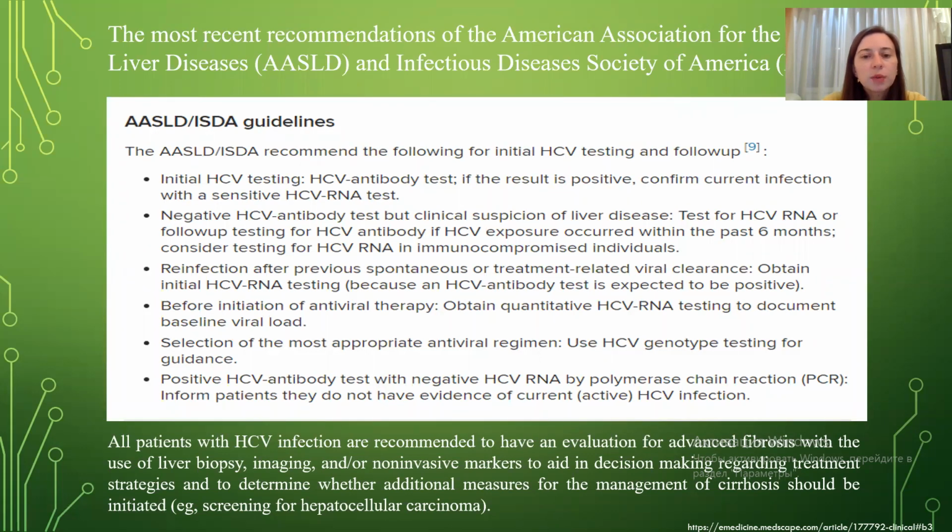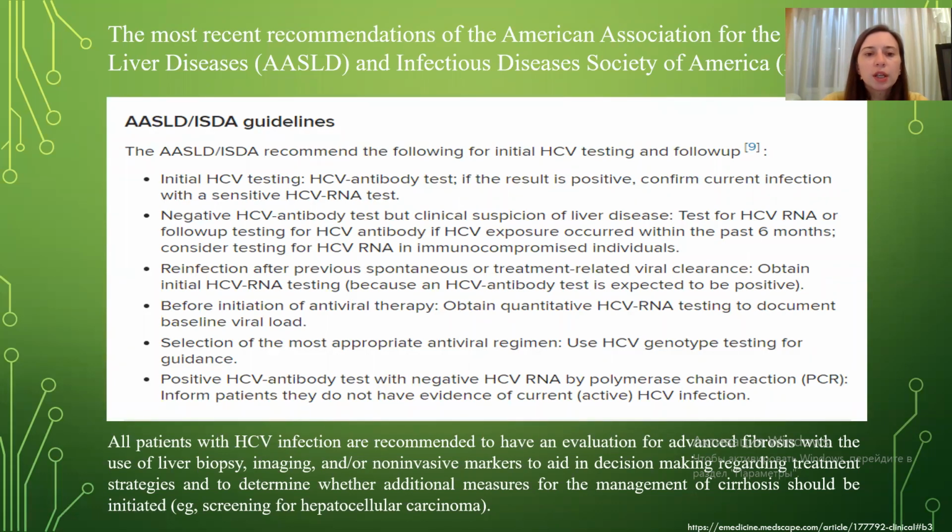Negative HCV antibody test but clinical suspicion of liver disease: test for HCV RNA, or follow-up testing for HCV antibody if HCV exposure occurred within the past 6 months. Consider testing for HCV RNA in immunocompromised individuals. Reinfection after previous spontaneous or treatment-related viral clearance.